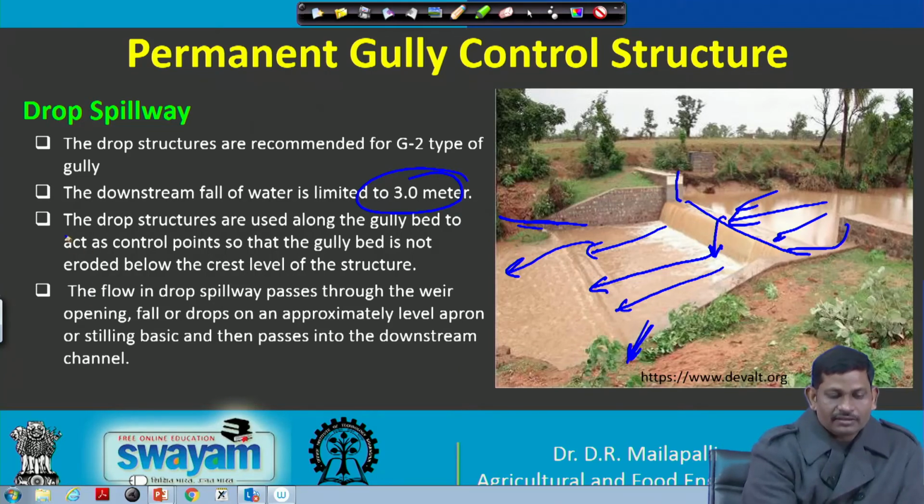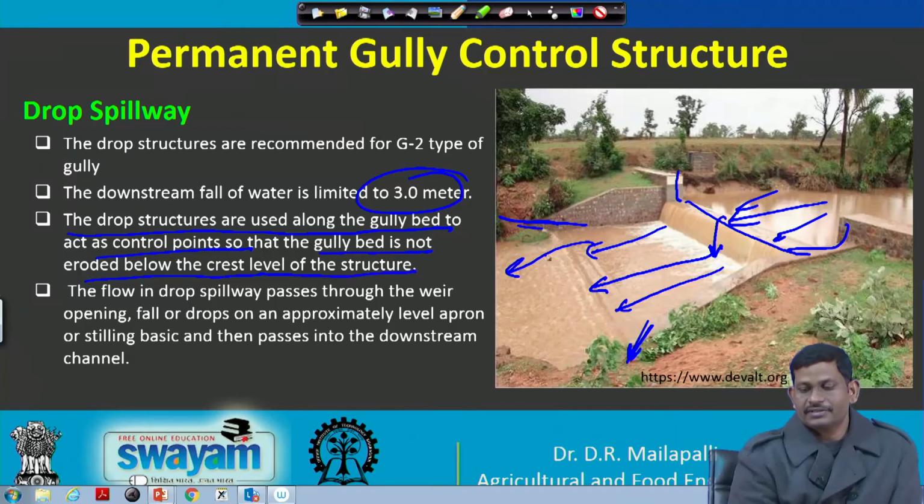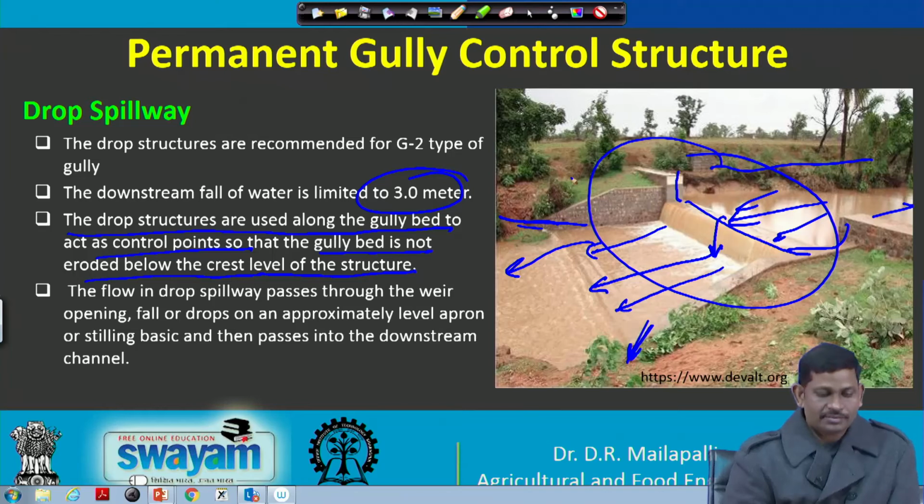The drop structures are used along the gully bed to act as control points, so that the gully bed is not eroded below the crest level of the structure. If you see, this is the gully. So, in order to avoid the sediment flow in the downstream, the drop spillway really helps.